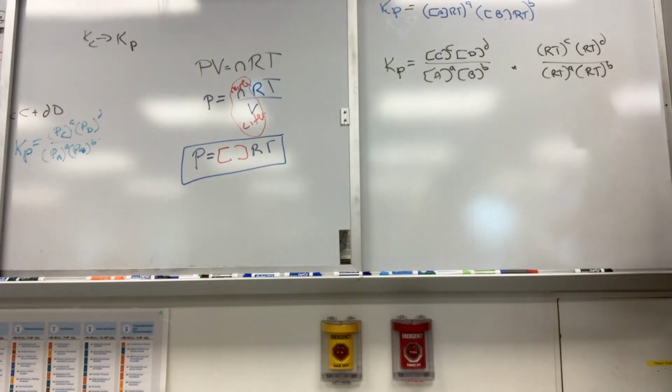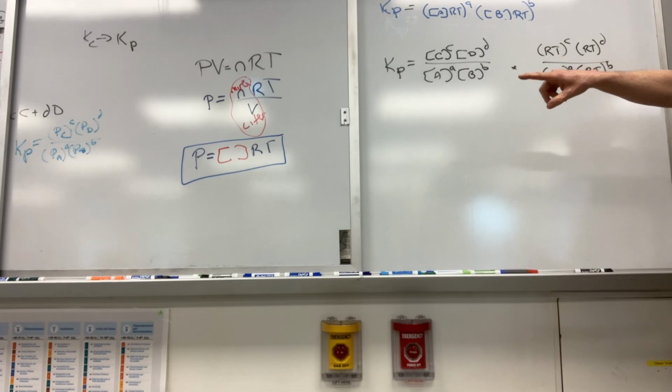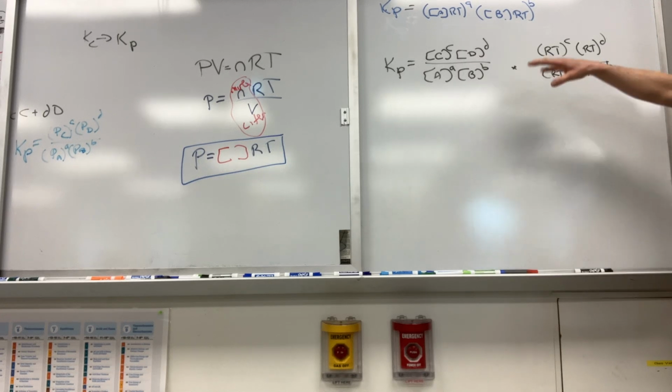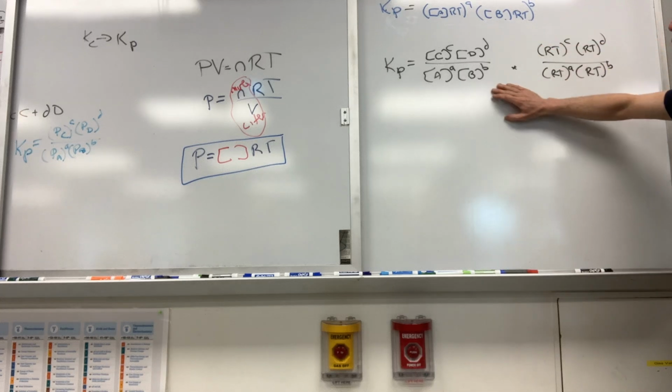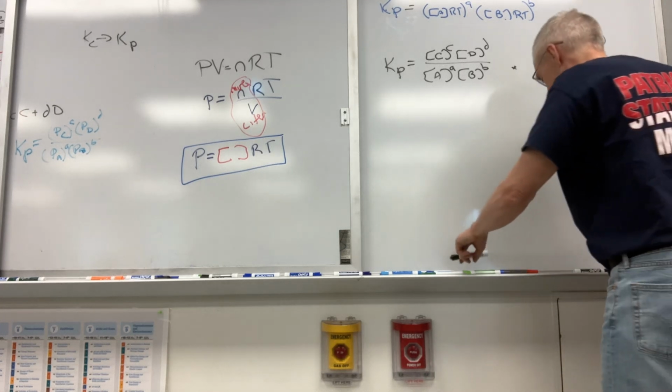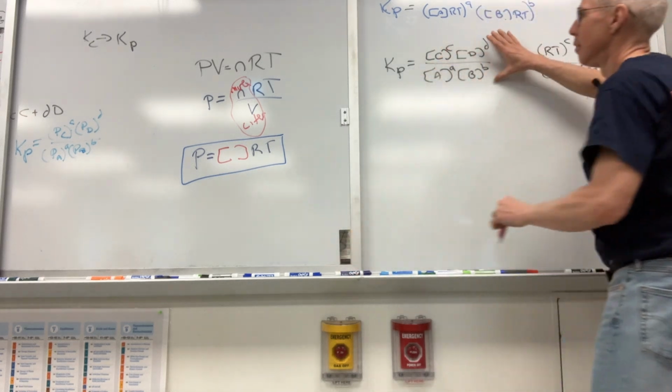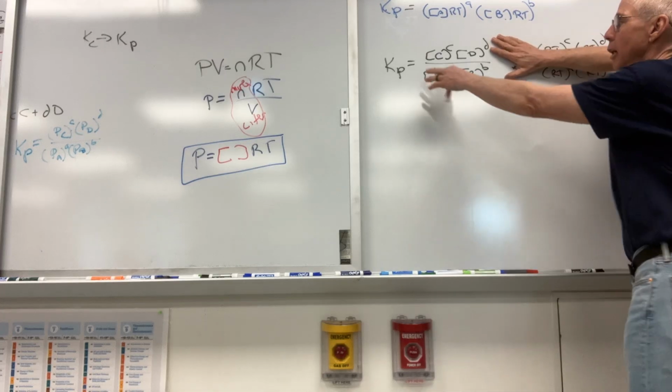Nothing magical. True? So far all I've done is taken the Kp expression, plugged in a rearranged version of P, and then broken out terms. Now notice, what is this part here?